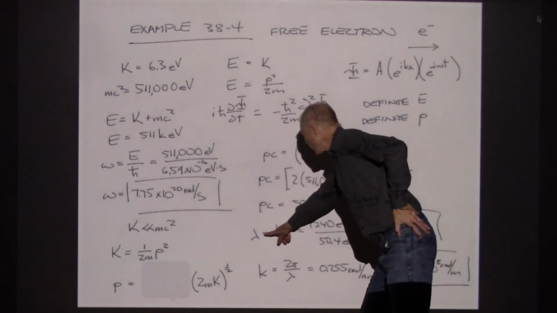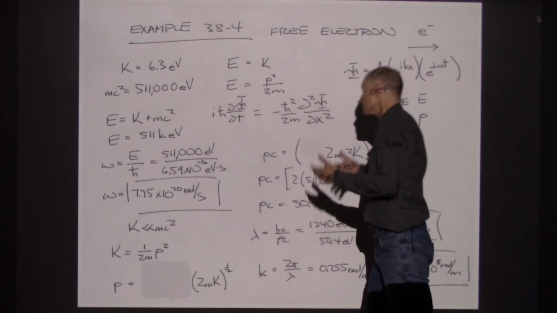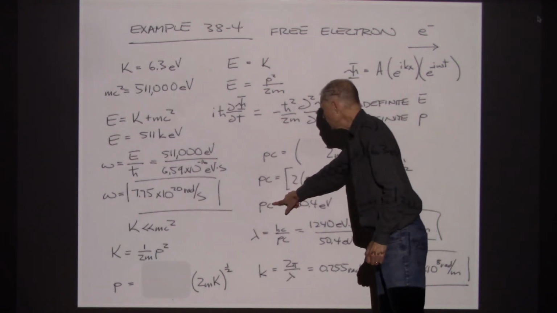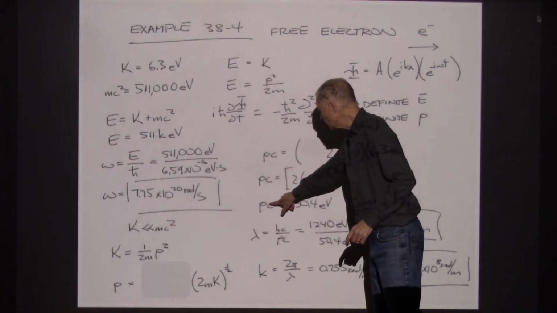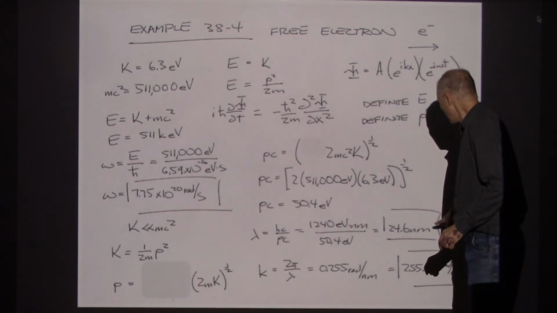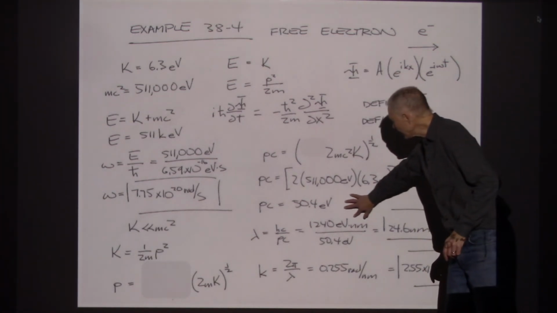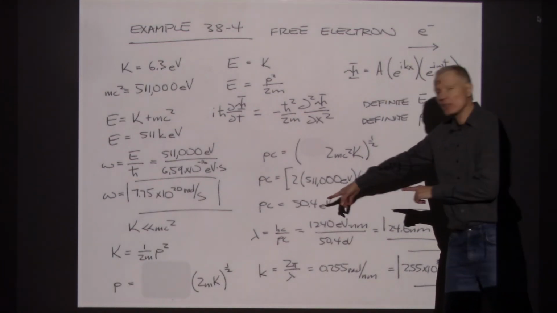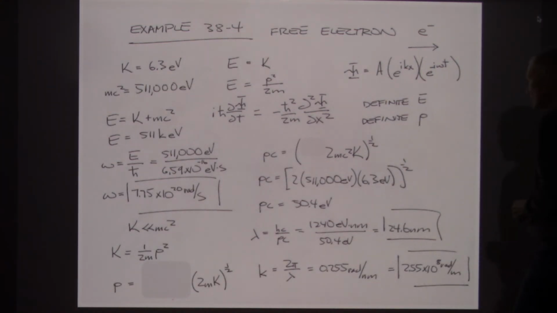Now, I can figure the wavelength is going to be hc over pc. That was my reason for calculating pc instead of p by itself. I'm going to use my hc shortcut, and putting all the numbers in, I get 24.6 nanometers.